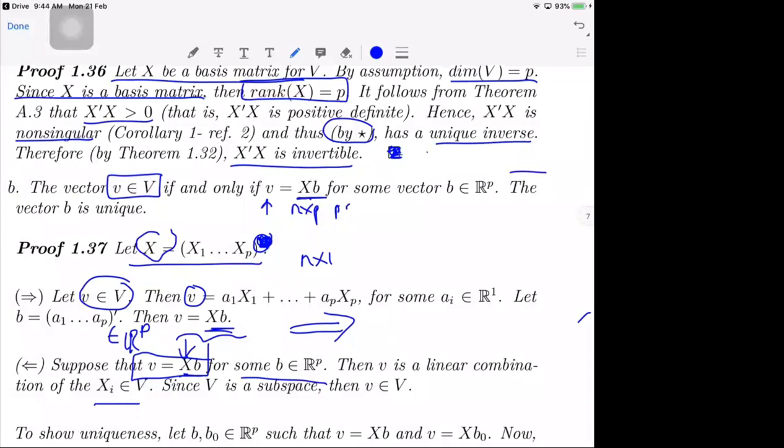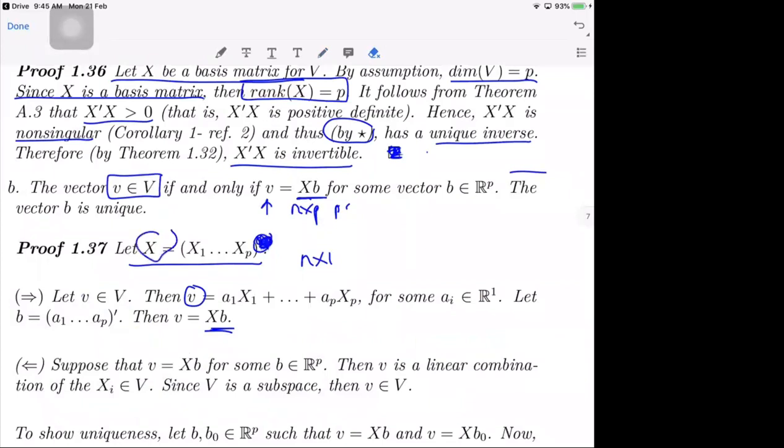Kaya ang iyang itsura, or actually V is the summation of AIXI where your B here is A1 AP prime. Then since V is a subspace, so it is a set of linear combinations, then V must be in V. So this is just using definitions of subspace being a set of linear combinations.